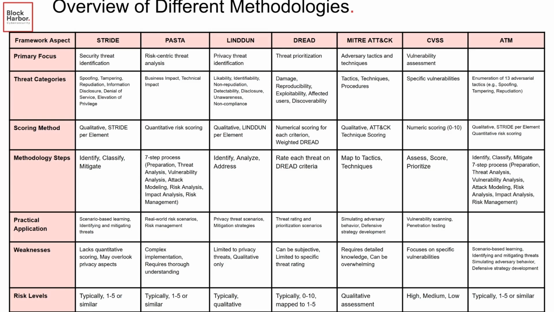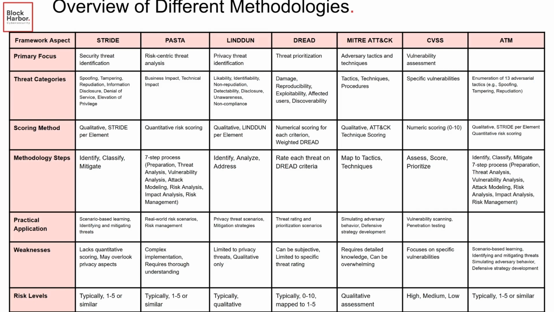Moving on to PASTA, which once again stands for Process for Attack Simulation and Threat Analysis. This framework takes a risk-centric approach by focusing on both business and technical impacts. It uses quantitative risk scoring to assess the severity of identified threats.